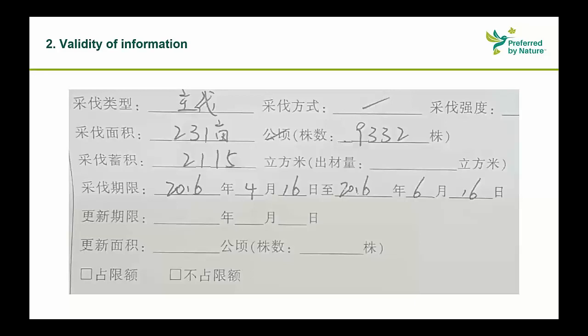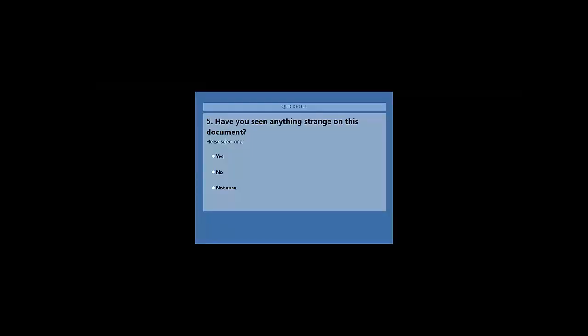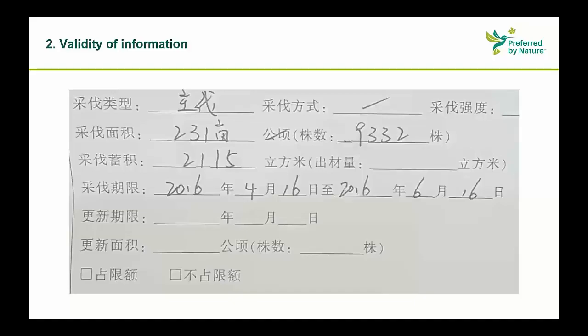I'm just going to leave it up for 5 seconds. Okay, I hope I can launch the poll and you can tell us if you've seen anything weird in the document. Okay, I think I can close and share.